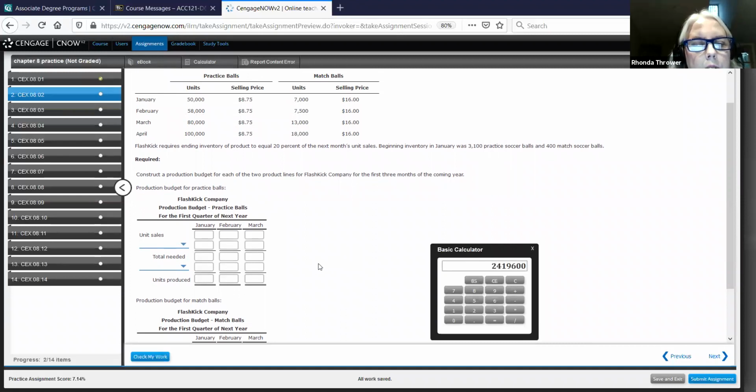So what I need to go back to is exercise 8.1 for just a minute. Let me see if it's still in Cengage for me. And I'm going to write down the number of sales for January, February, and March for the practice balls. So if you give me just a second, I'm going to write this down by hand so I don't forget them.